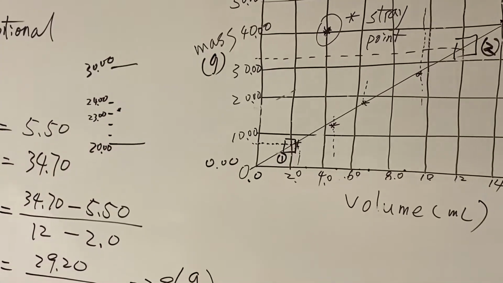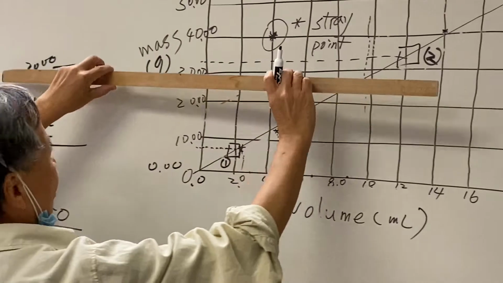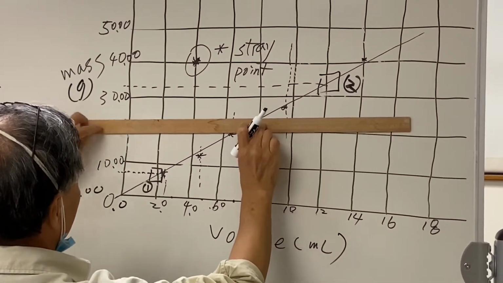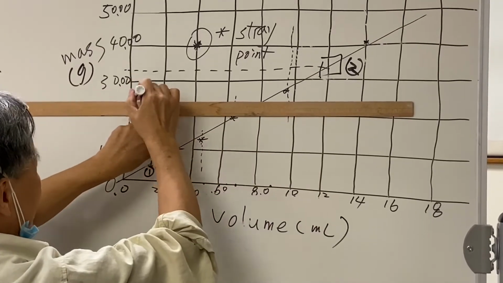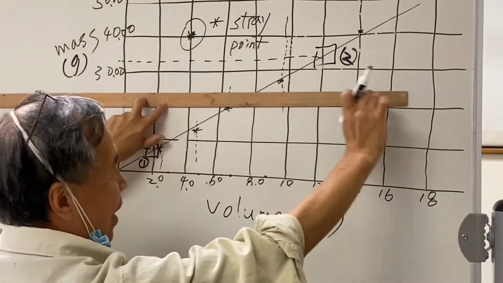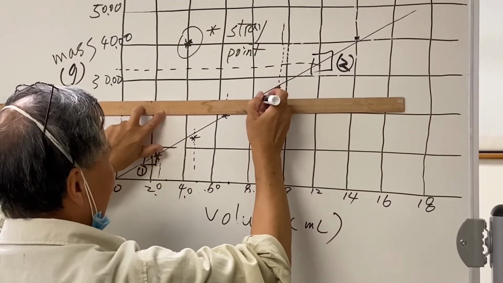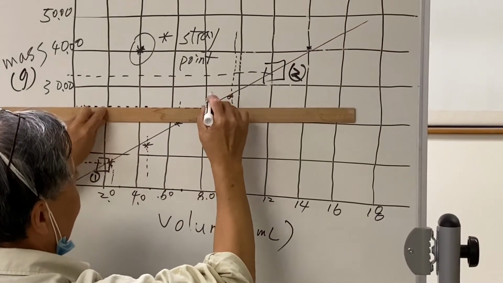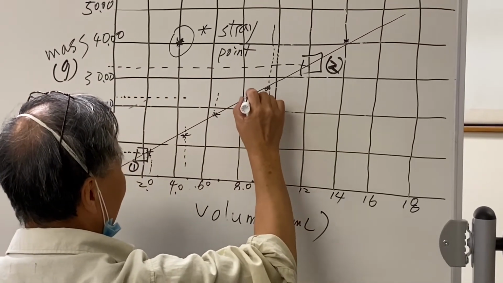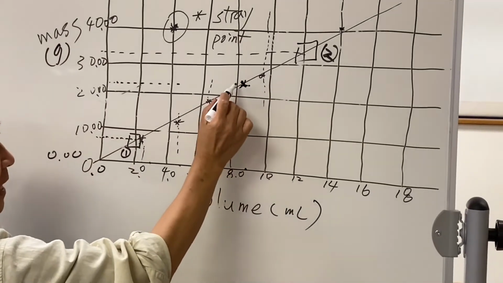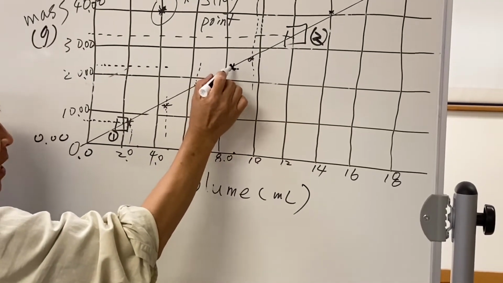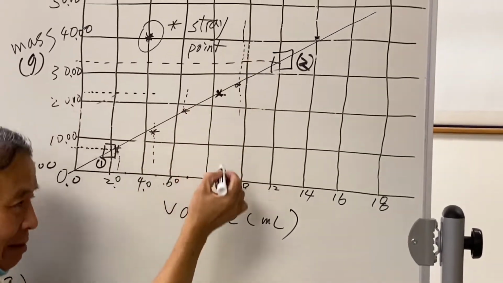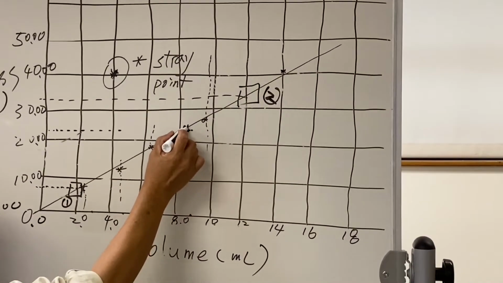Then use the ruler to measure vertically, where there is an intersection, where the y meets your line.